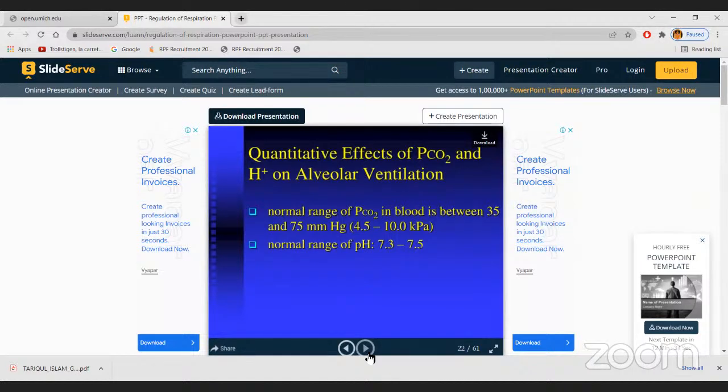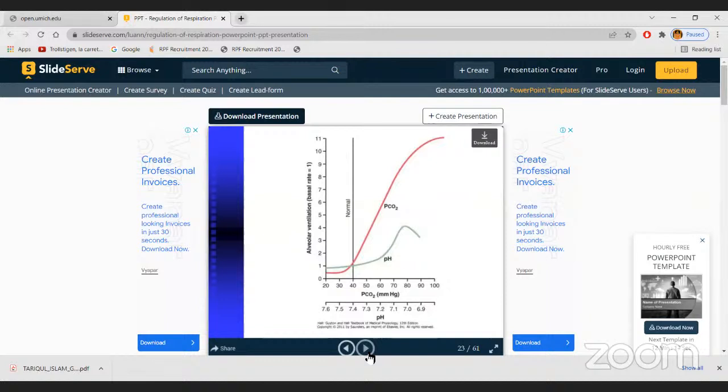The quantitative effect of carbon dioxide on ventilation: the normal range of PCO2 in blood is between 35 and 45 mmHg, and the normal range of pH is 7.3 to 7.5. So this is the hydrogen ion range of blood. Then this is the alveolar ventilation curve, with the basal rate equal to 1.